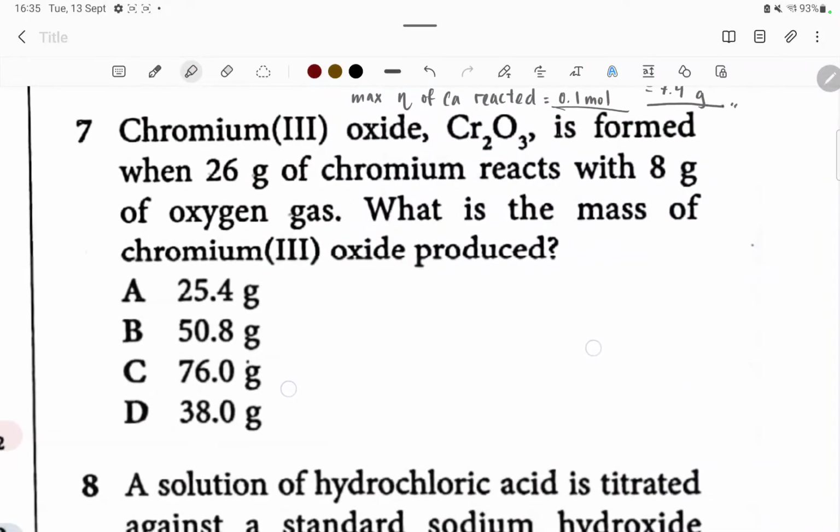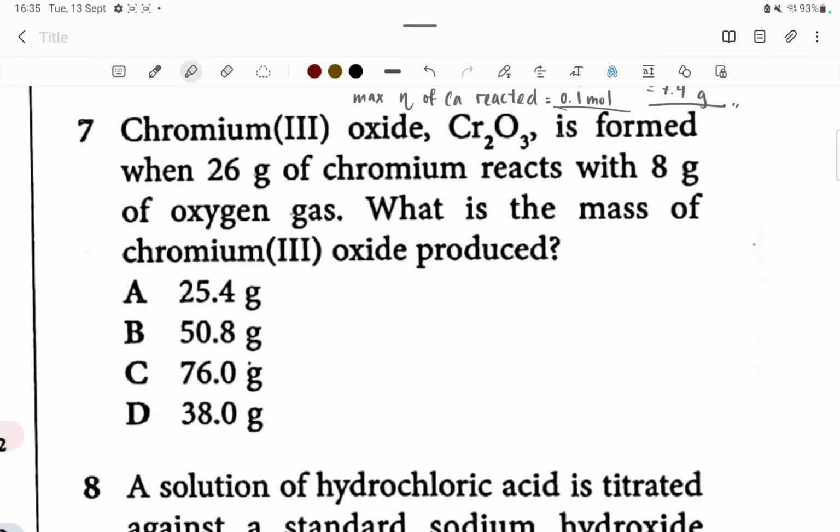Number 7, chromium(III) oxide, Cr2O3, is formed when 26 gram of chromium, Cr, reacted with 8 gram of oxygen gas, O2. What is the mass of the Cr2O3 produced?